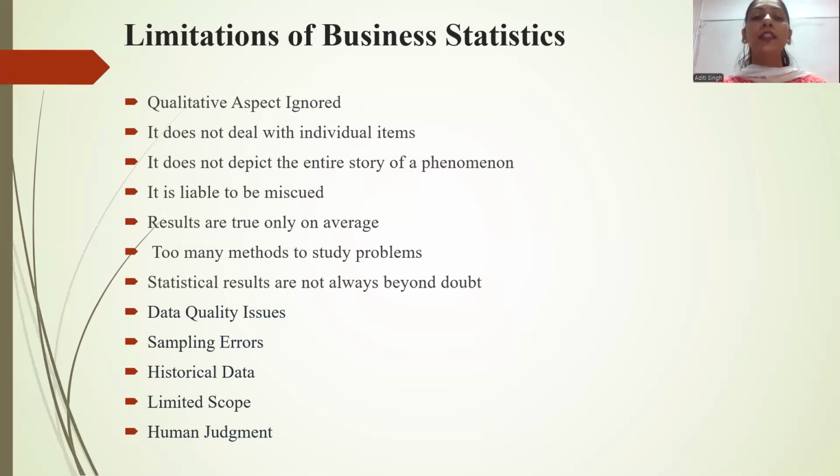So we analyze only that data we find quantitative and not the qualitative. So the result or the conclusion is not 100% correct because many aspects are ignored when we study quantitative data collection.